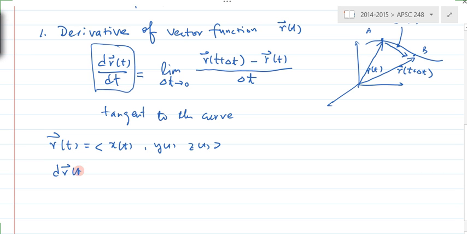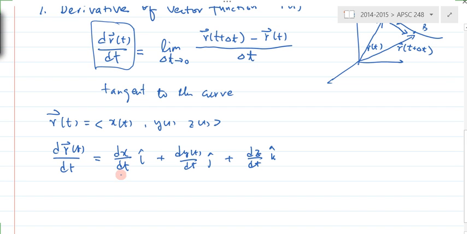So dr over dt is essentially equal to dx over dt i hat plus dy over dt j hat plus dz over dt k hat. That's how you carry out the specific operations. So do we know how to do this? Yes, right? Just combine them together. That's the derivative of a vector function.